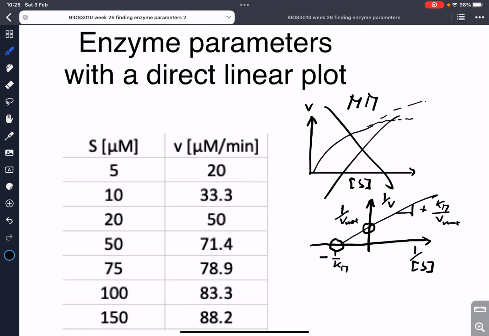Now, that's all nice, but we also said that the Lineweaver-Burk plot comes with some problems. One problem is that we get all our data as the inverse, because it is a double reciprocal plot, and we have to invert the inverse again.